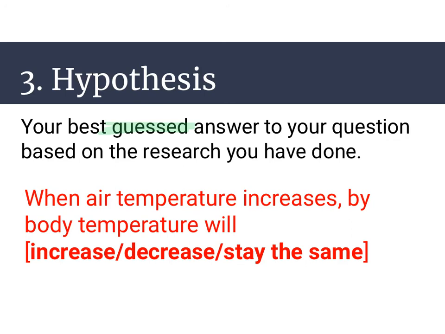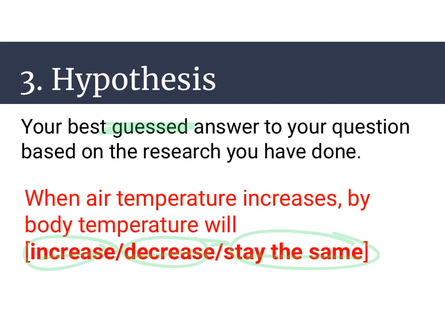So our question, I've kind of reworked it to fit this statement. When air temperature increases, my body temperature will increase, decrease, or stay the same. So when you're writing a hypothesis, you're going to pick one of these three answers. All right? So in your notes, if you scroll down, you have your own hypothesis box.